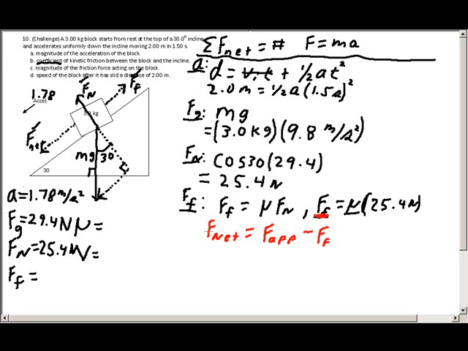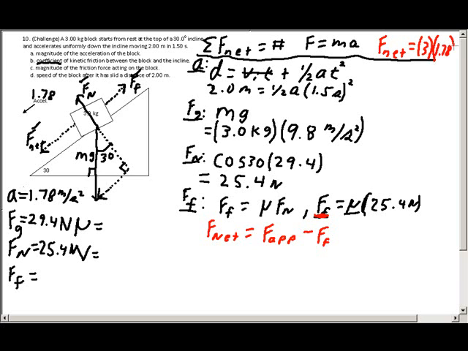My net force is the amount of force that is creating the acceleration that I desire. Well, look at that. That net force, I'm up here now, my net force is equal to the mass of the object, which is 3, and the acceleration, which I calculated, which is 1.78.